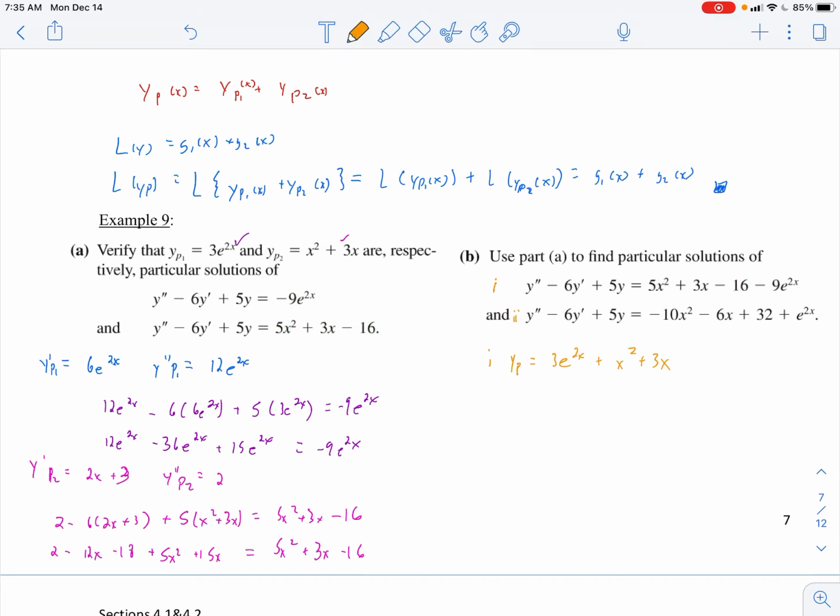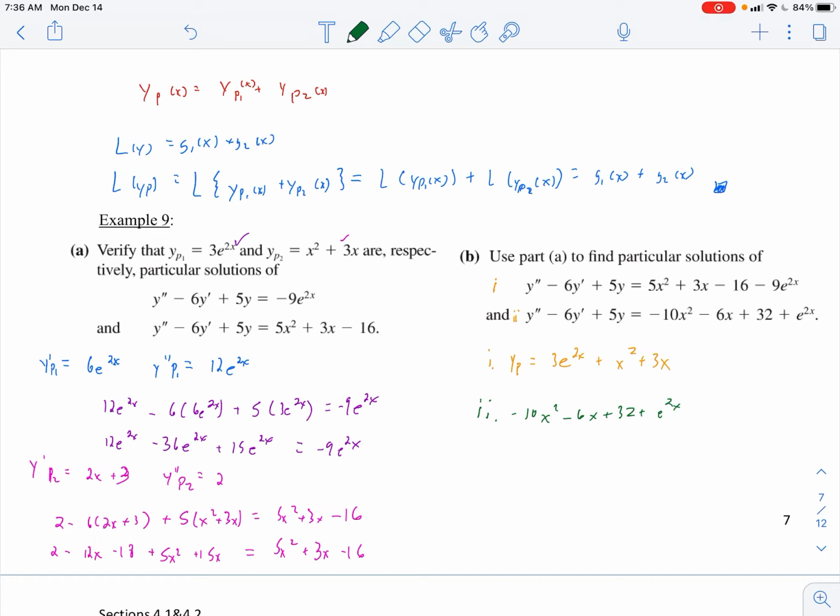Now, what about number 2? Well, number 2 can be written, number 2, y double prime minus 6y prime plus 5y. So it's the same differential equation, but it's set equal to negative 10x squared minus 6x plus 32 plus e to the 2x.